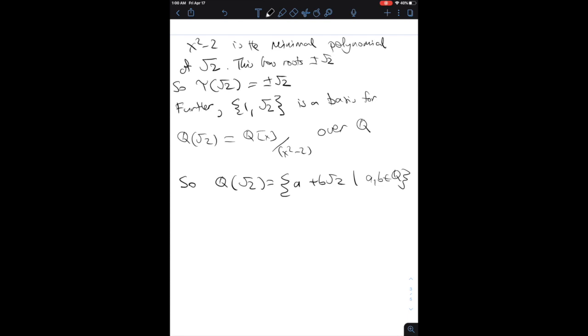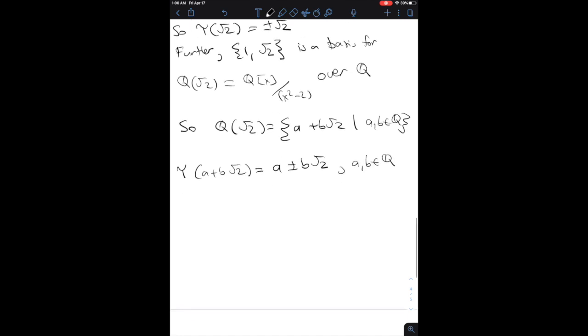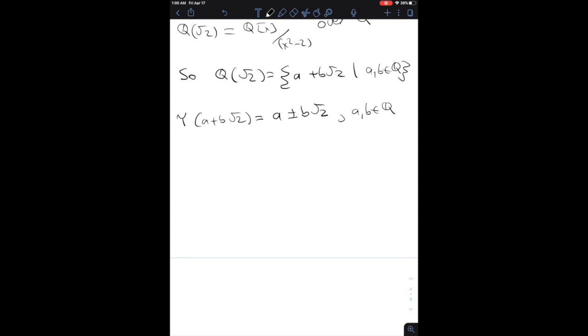Okay, so what we've proven now is that any automorphism which fixes Q of this field K equals Q adjoin root 2 has to fix all rationals, and it has to take root 2 to plus or minus root 2. So tau of a plus b root 2 equals a plus or minus b root 2 for a, b in Q.